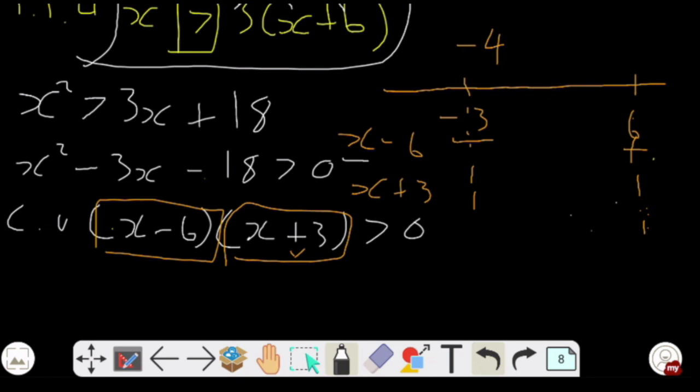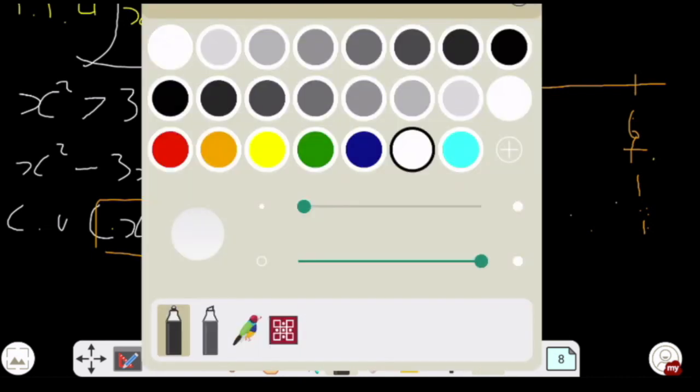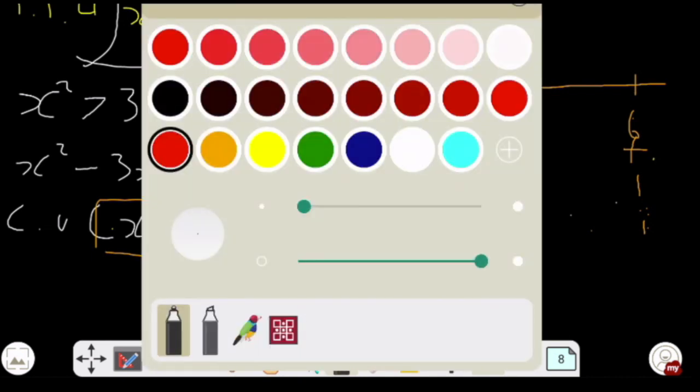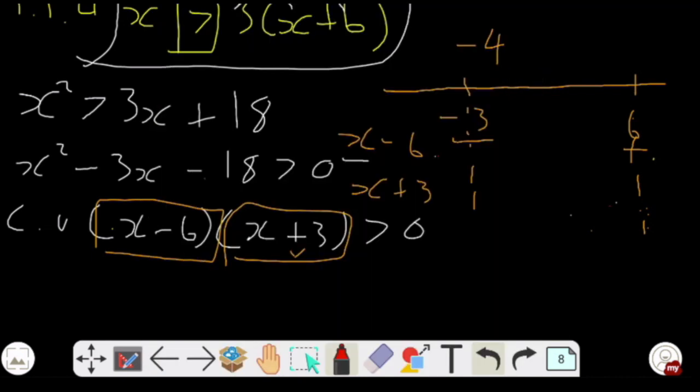Minus 4 minus 6 will give you a negative. Again, we do the same on our next critical value. We take minus 4 plus 3, which will give you again a negative.